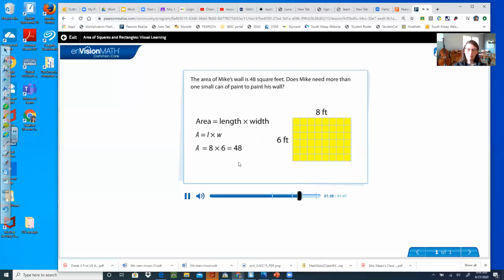Does Mike need more than one small can of paint to paint his wall? One small can of chalkboard paint covers 40 square feet. The area of Mike's wall is 48 square feet, so he will need more than one small can of paint.